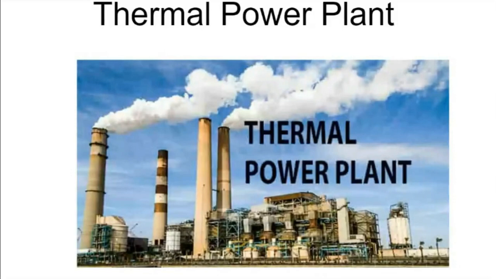Then there should be an ample amount of space, or ample arrangement, for our ash disposal. So if you are able to get some space or some mechanism by which we are going to dispose of the ash which is generated, then definitely this particular space will be helpful for us.